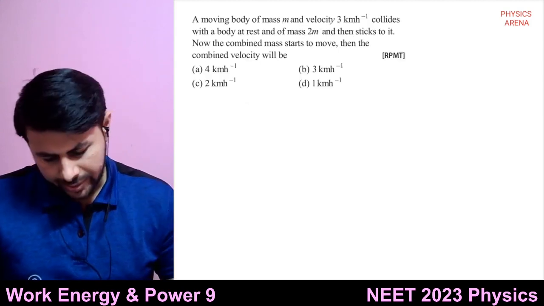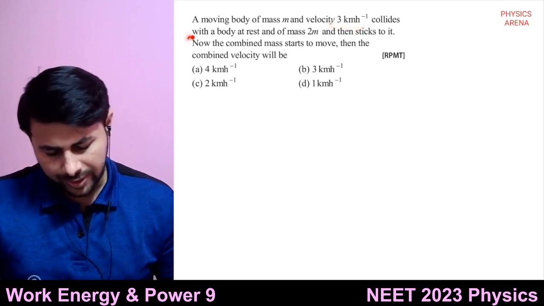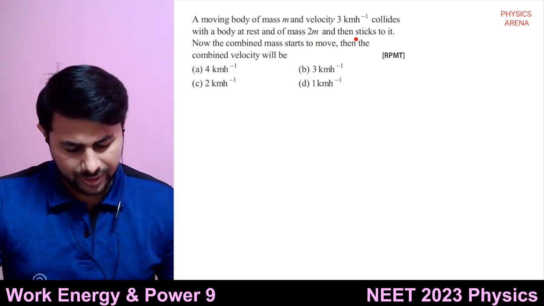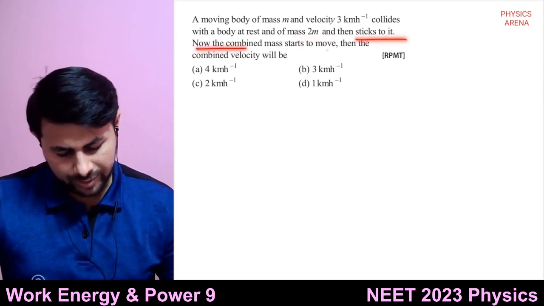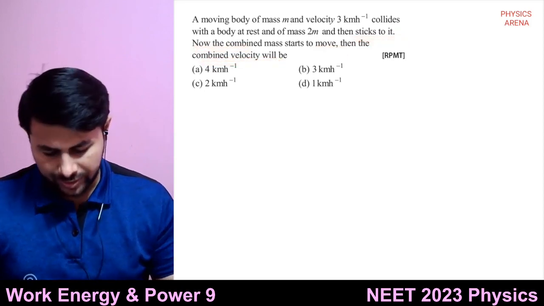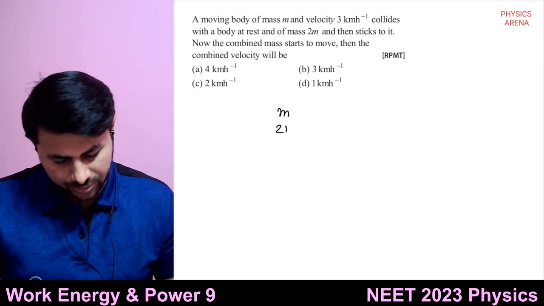A moving body of mass m and velocity 3 kilometers per hour collides with a body at rest of mass 2m and sticks to it. Now the combined mass starts to move, then the combined velocity will be straightforward, right? First mass is m, second mass is 2m.